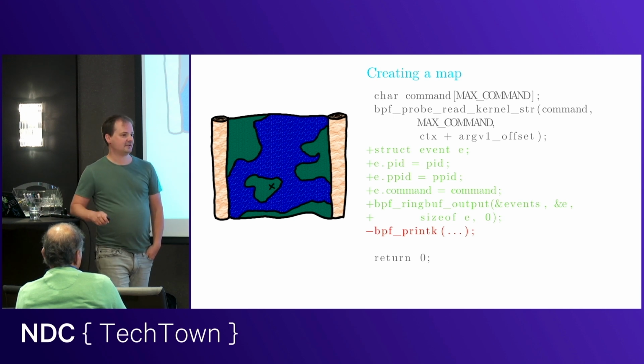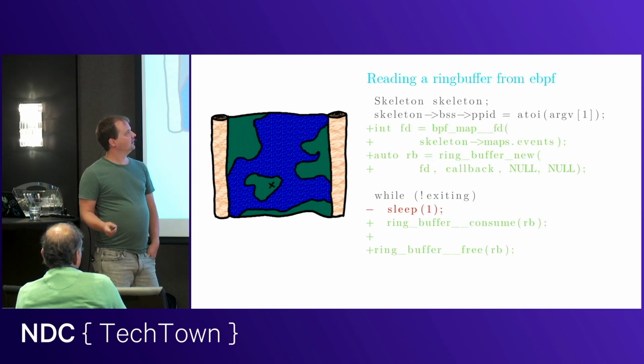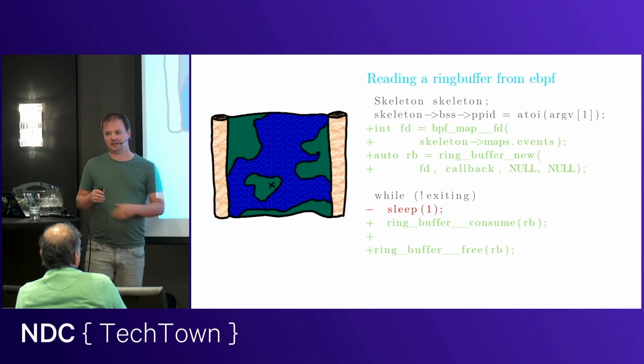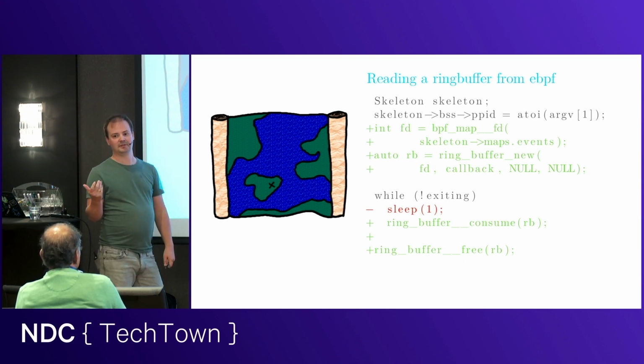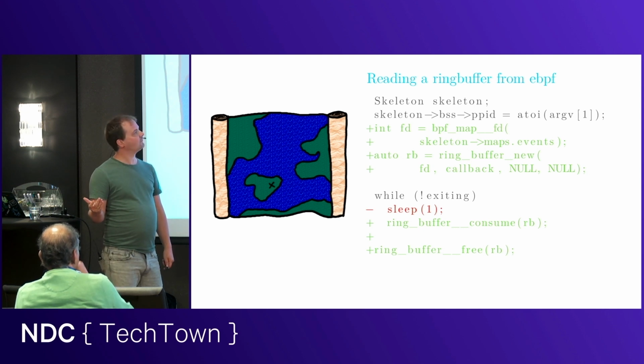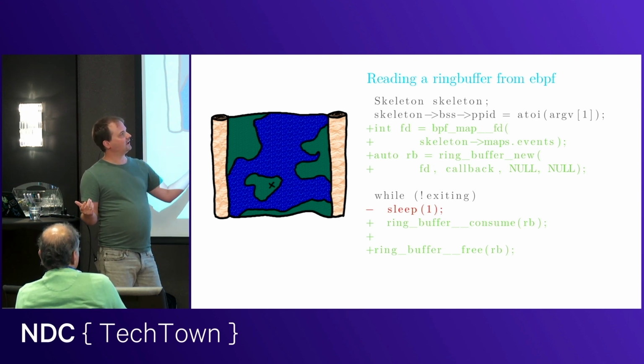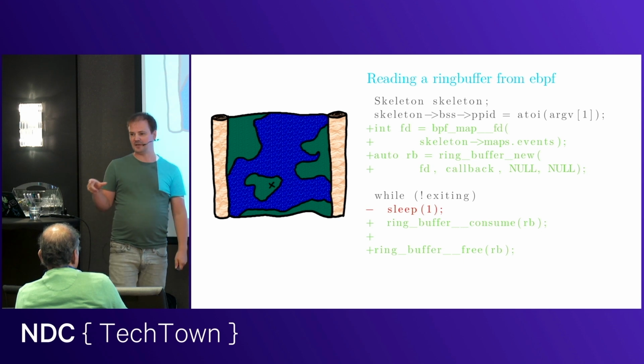So from the user space perspective, we need to attach to this map and make sure we can read events that are happening on it. So we get the file descriptor for this map.